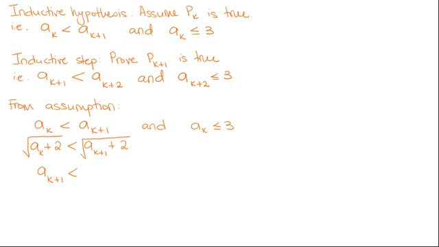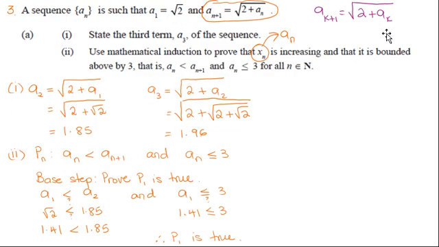You look back at the definition. Remember, the definition is saying, if you have a term, you add 2 to it and you take the square root, it gives you the next term, the term after the AK, right? That's exactly what I have here.